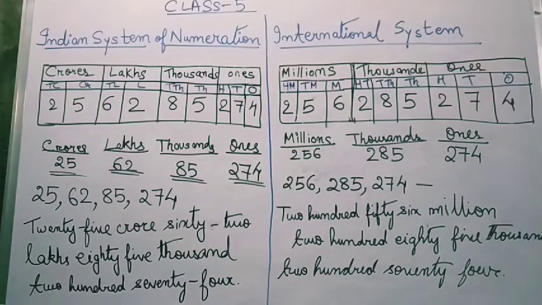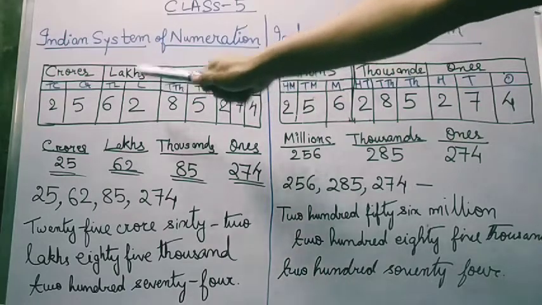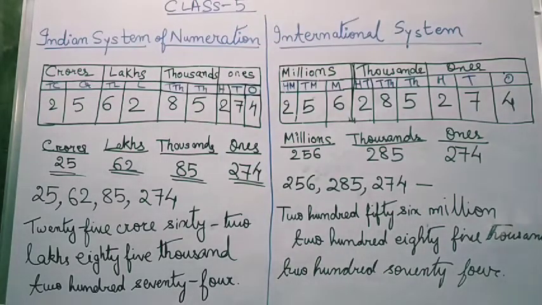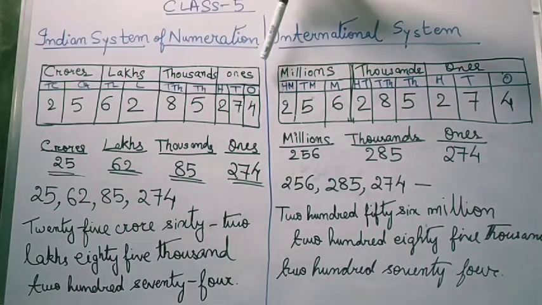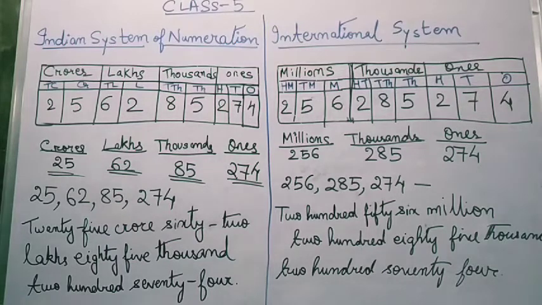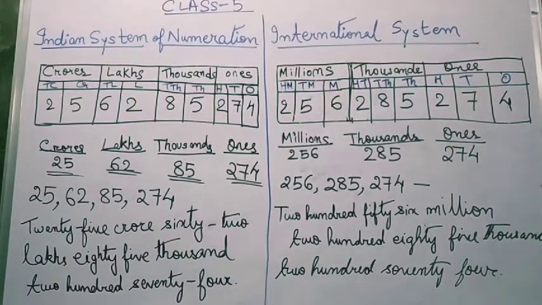But in Indian system, in ones period, 3 digits, and in other periods there are 2 digits. The periods change. Here ones, thousand, lakhs, crore, and in international system, ones, thousand, millions. And there is a greater period also, that is billion, but that is not required in class 5. In higher classes, you will learn about billions.